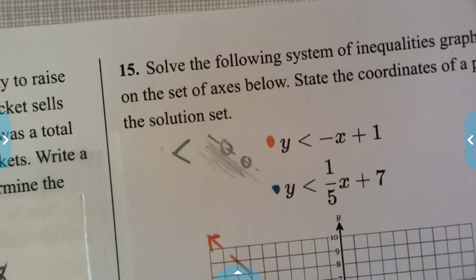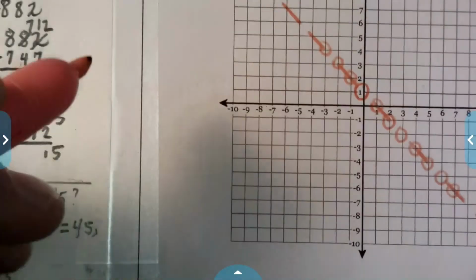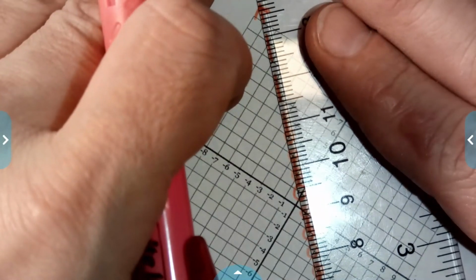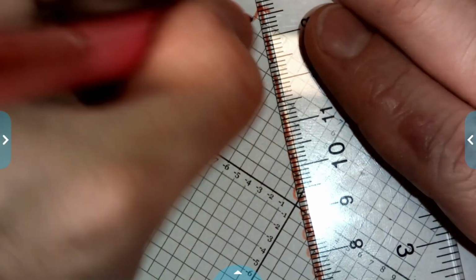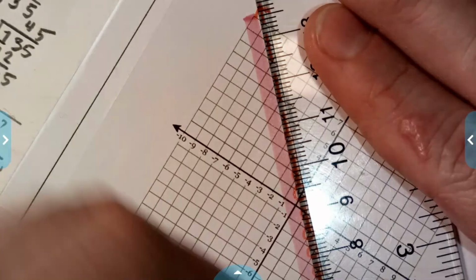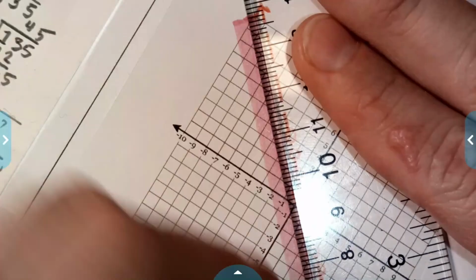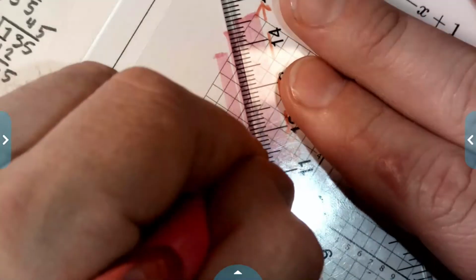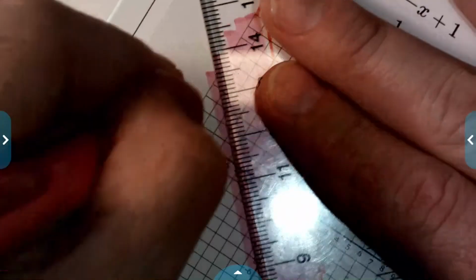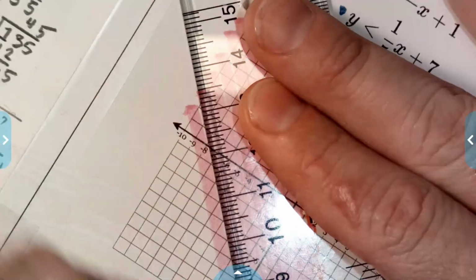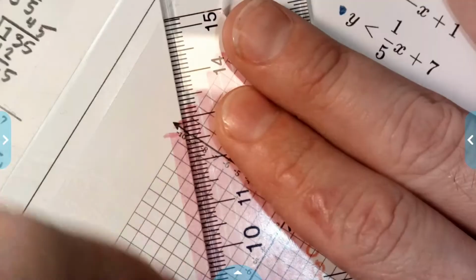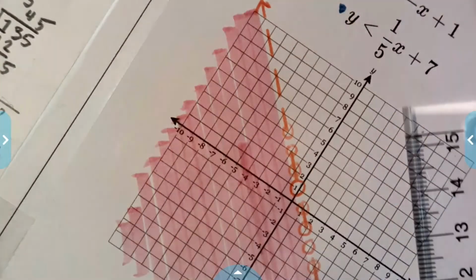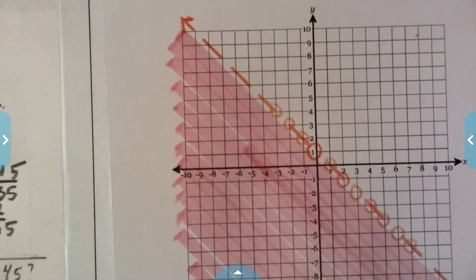We're shading below, less than, okay? So again, ruler very important. Don't touch the line. Okay, so that's that shaded region.